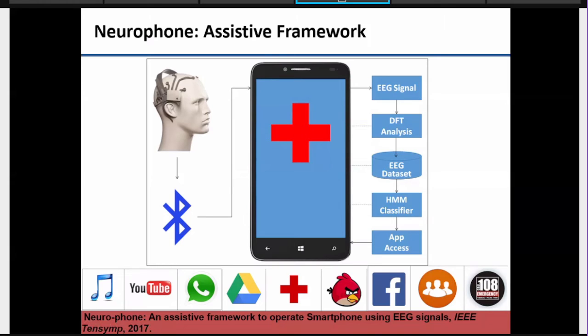During that time we collect the EEG signal, and with that EEG signal we want to identify what kind of application the patient is looking for. That's why we call it the neurophone assistive framework. One of these applications will come and the patient wants the service. He is not able to speak, he is not able to move.